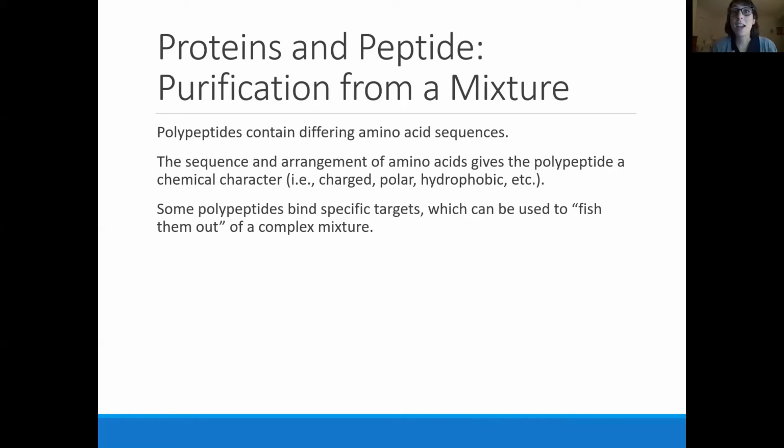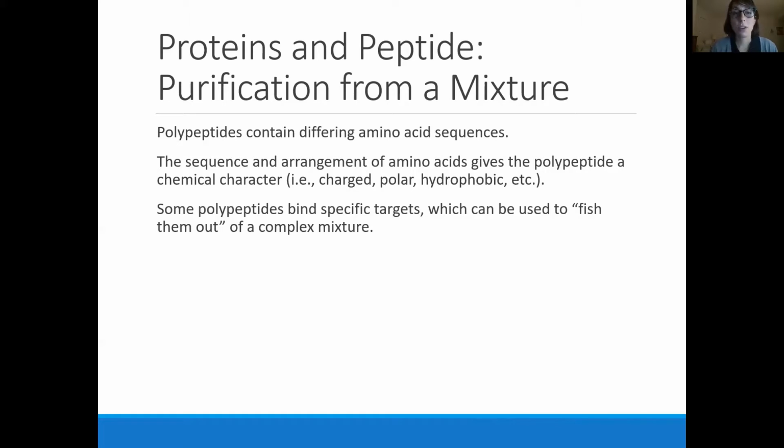And the types of amino acids that are in a protein can also give the protein a very general property. For example, if there are a lot of polar amino acids, the whole protein or the whole peptide itself will be very polar. If there are a lot of hydrophobic or non-polar amino acids, oppositely, the peptide or the protein would be very hydrophobic.